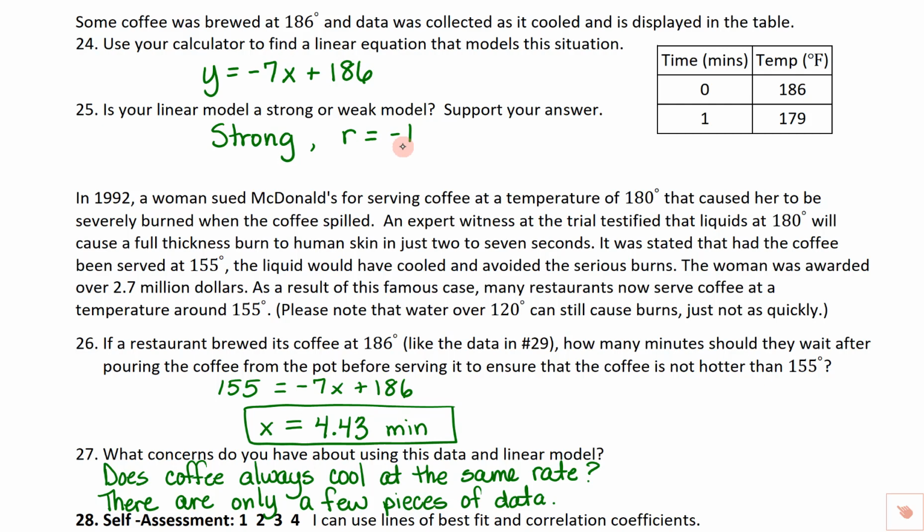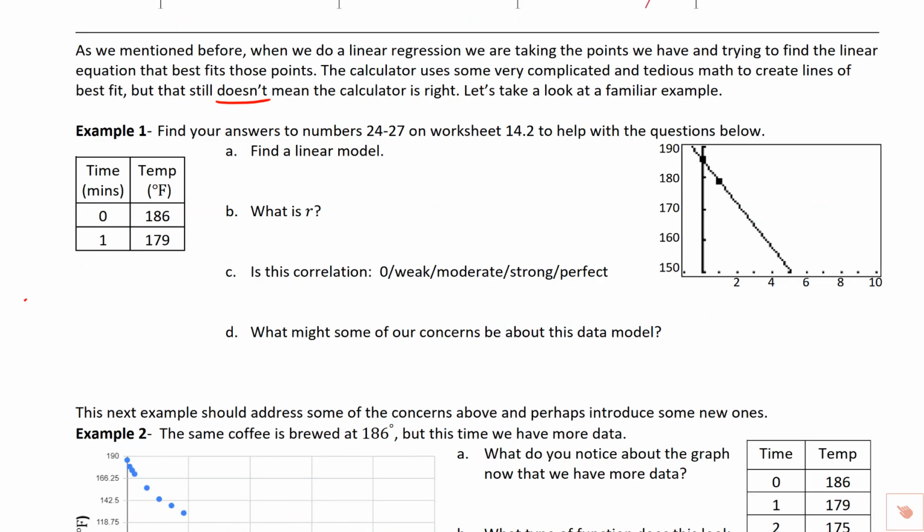And then R is -1. So I'm going to come back here and we're going to write those down. So again, the linear model is y equals -7x plus 186. The R value in this particular case was -1, and it says, is this correlation 0, weak, moderate, strong, or perfect? Well, it happens to be perfect. When you throw that in the calculator, it ends up being perfect.